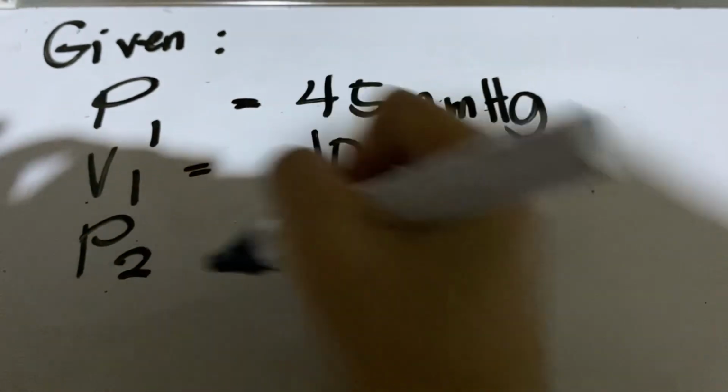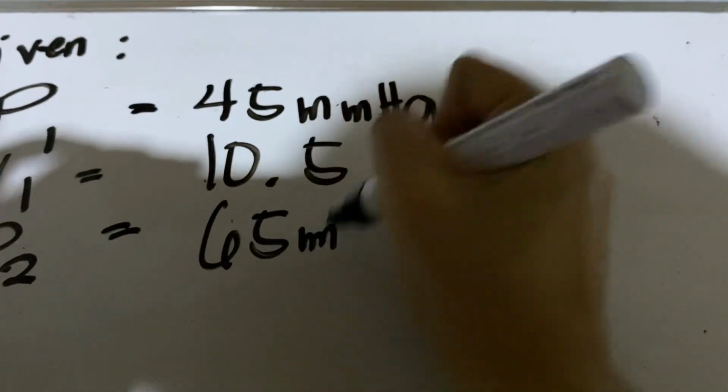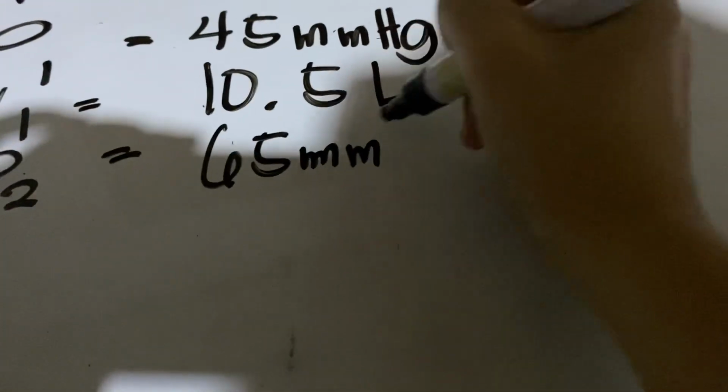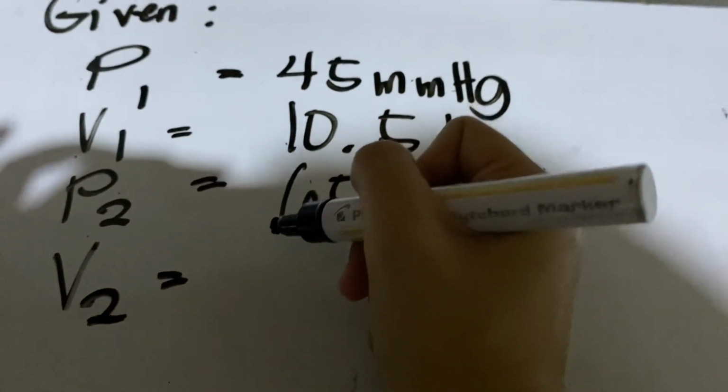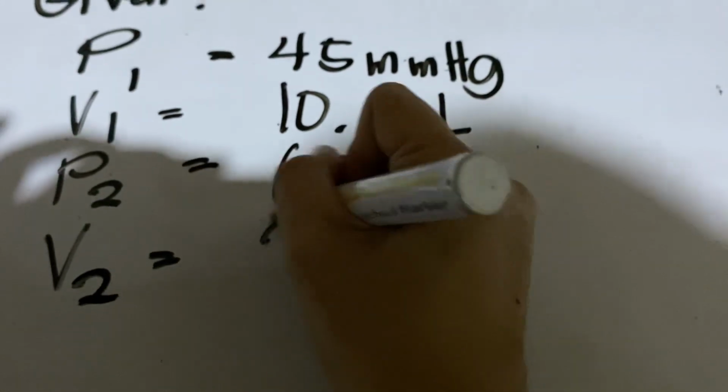Next, we have P2, or the final pressure, which is equal to 65 millimeter mercury. And we will still have to solve for the final volume.